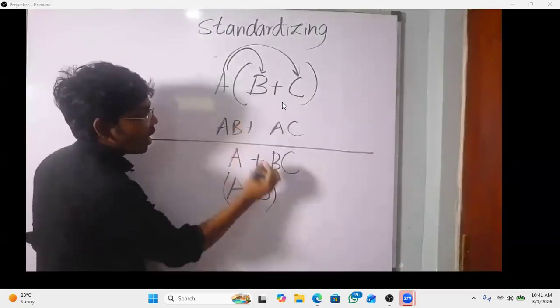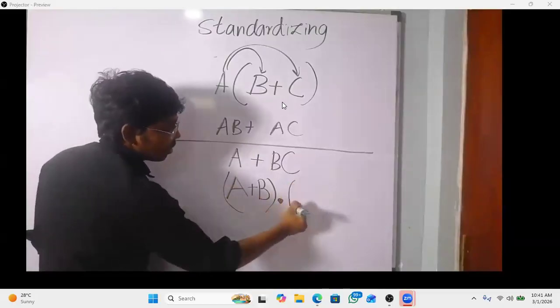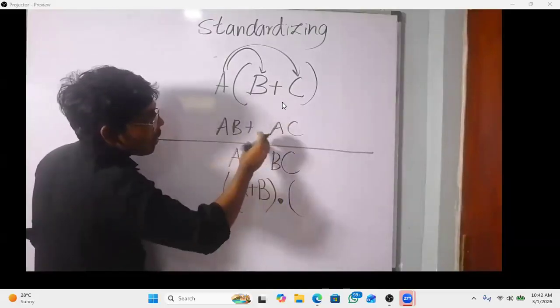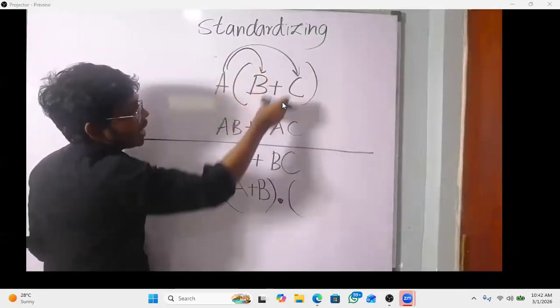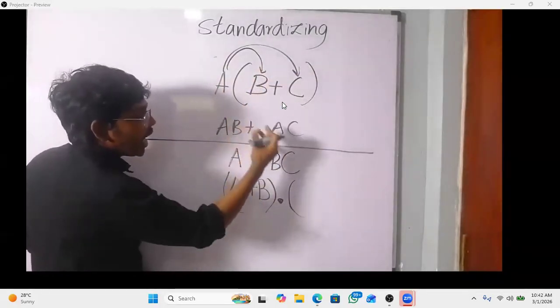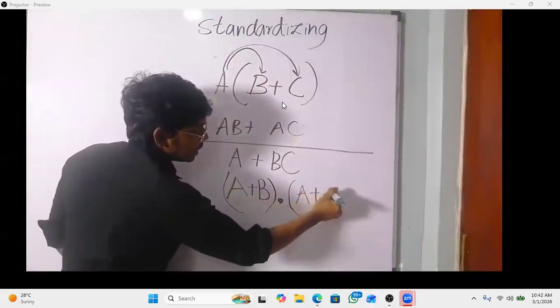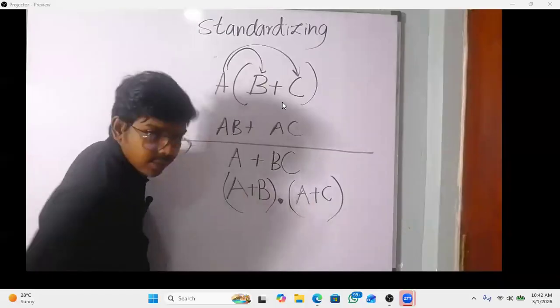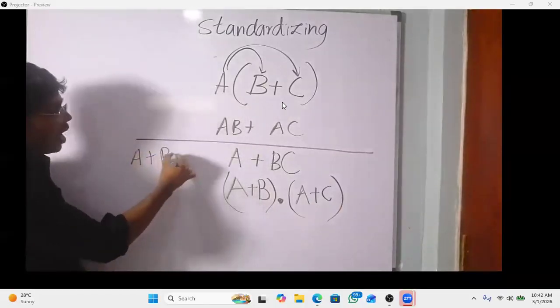Here you added, I am multiplying. Here AC, you multiplied A with C. Now I am going to write A plus C, adding the C. Correct? Now you see here, you have A plus BC.